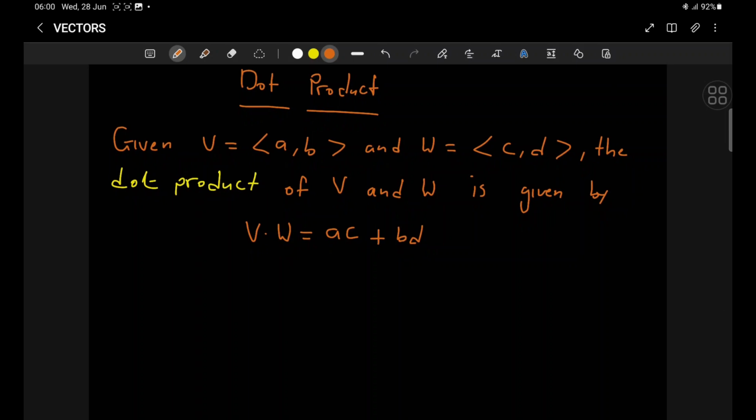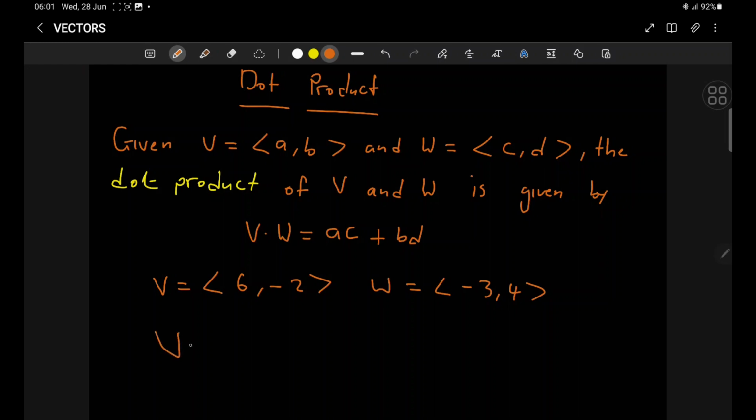So for a quick example, say our v is equal to (6, -2) and our other vector is equivalent to (-3, 4).